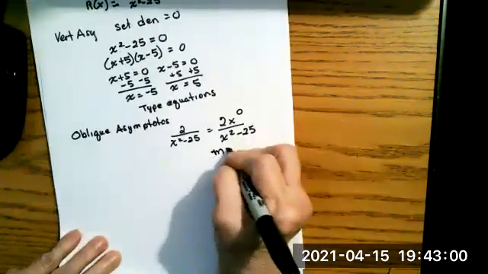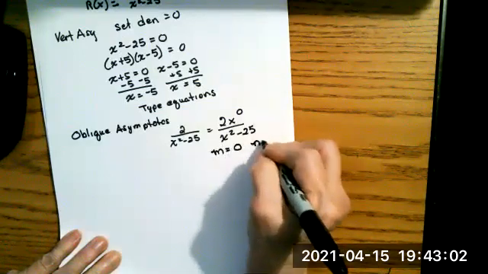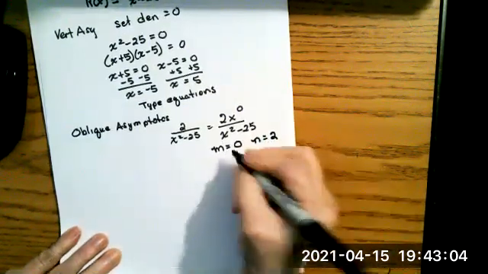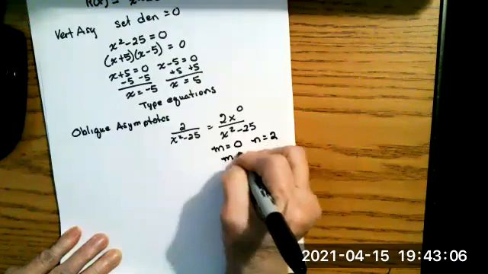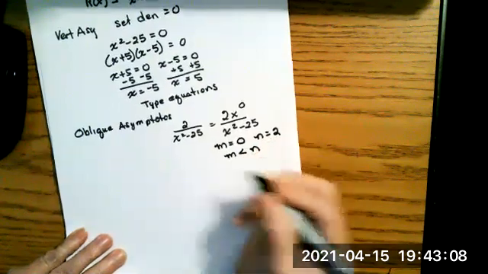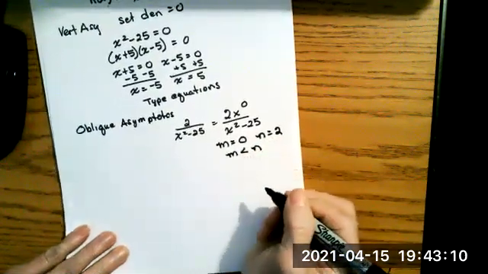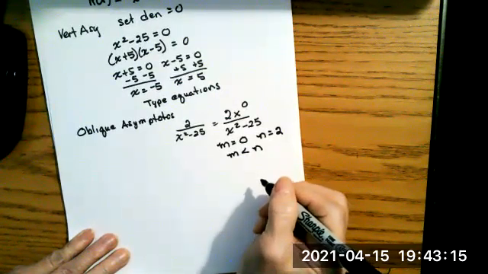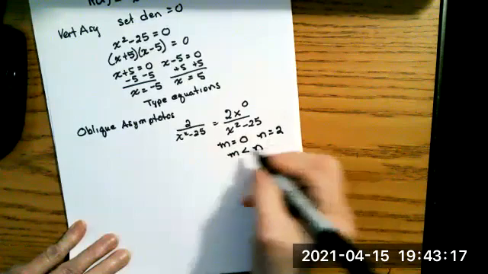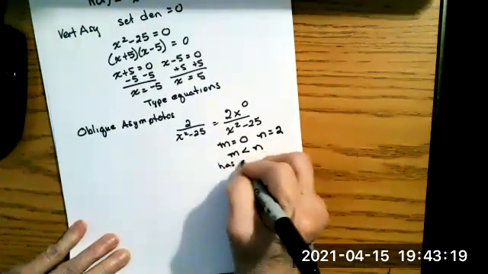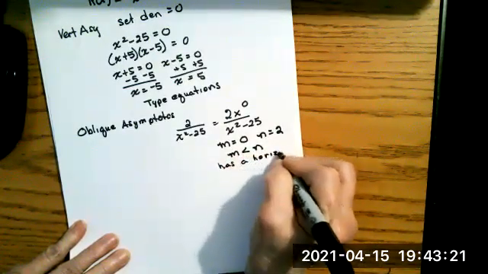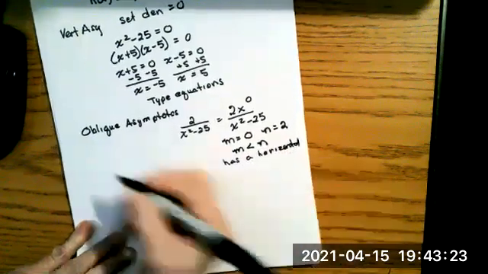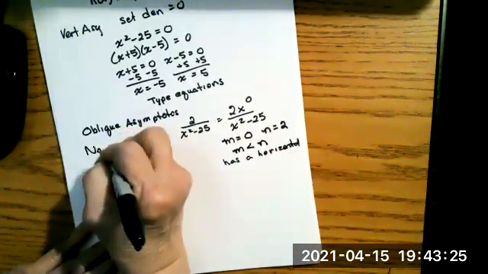So the m is 0 and the n is 2. So m is less than n. If m is less than n, it has a horizontal one. That means it does not have an oblique one. So this one has a horizontal one, and the next thing we'll find is the horizontal one. They were trying to hit me with that.